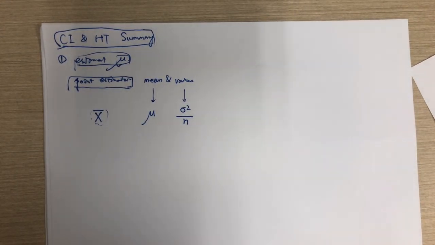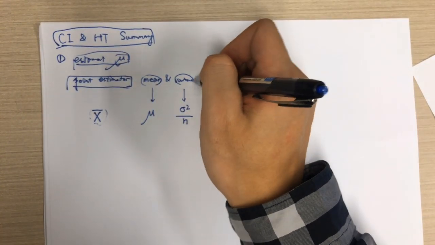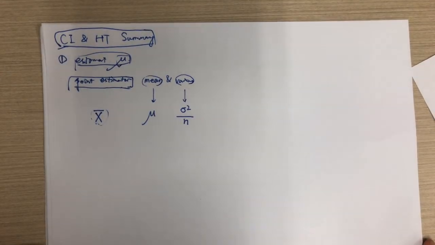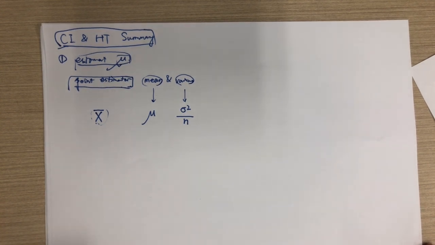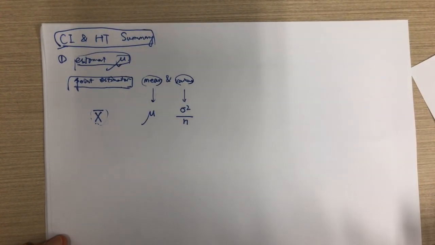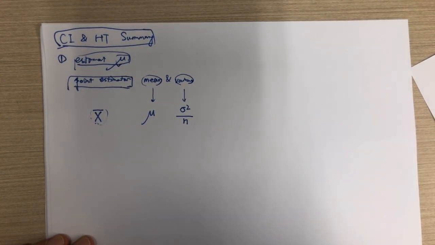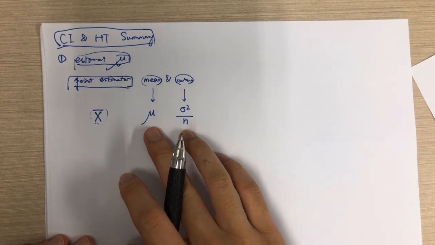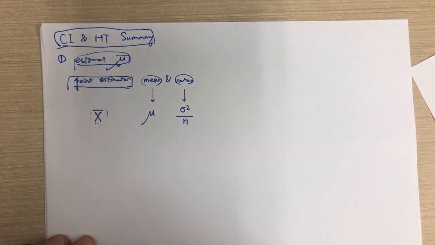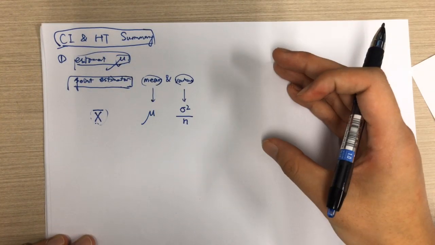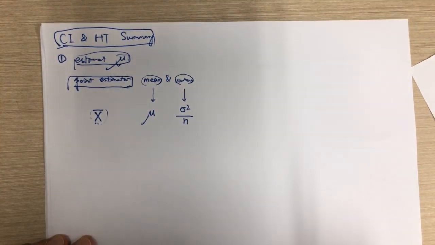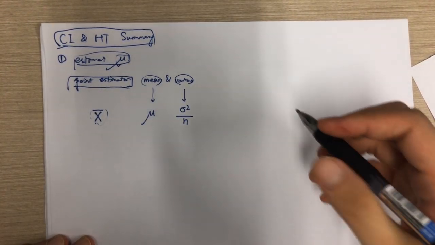So the mean and variance of this point estimator is another thing that you need to know. Therefore, in constructing the sampling distributions, we just need to use that information to construct our confidence interval or hypothesis testing.